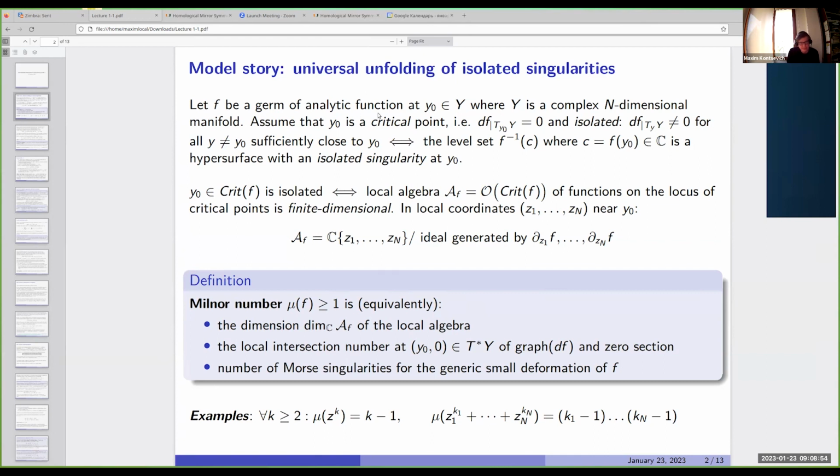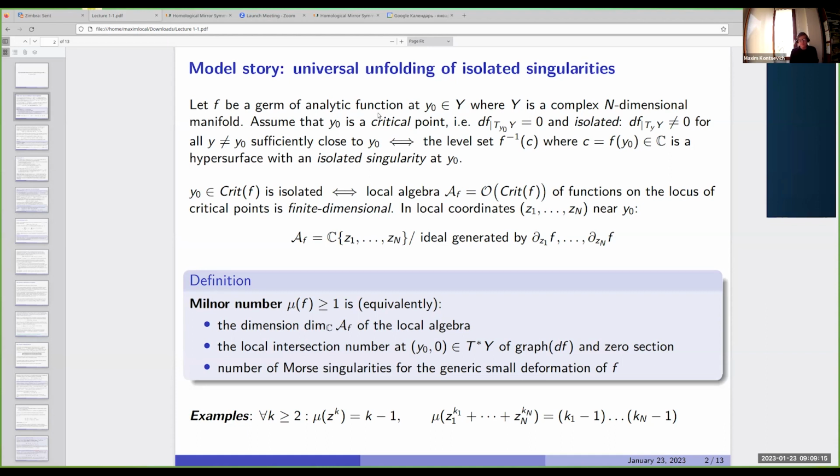The third definition is more or less a reformulation of this. You consider a generic small deformation of the function depending on some parameters, and then the function will have several holomorphic Morse singularities near this point, and the number of these Morse singularities is the Milnor number.